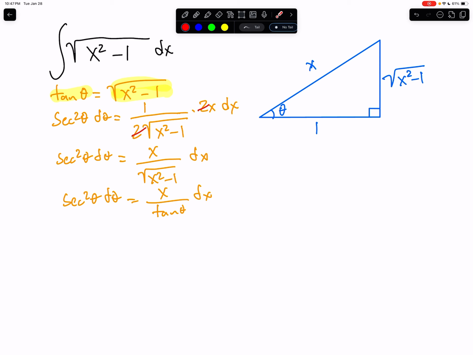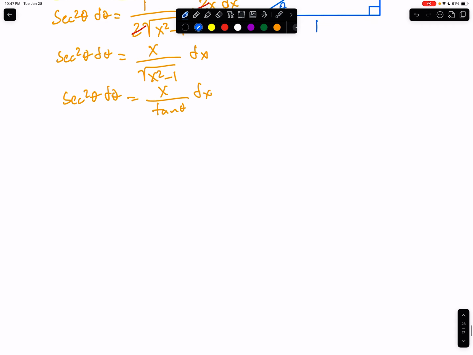The reciprocal is x over 1, and the reciprocal of cosine is secant. So secant of theta equals x. So we can rewrite this as secant squared of theta d theta equals secant of theta over tangent of theta dx.